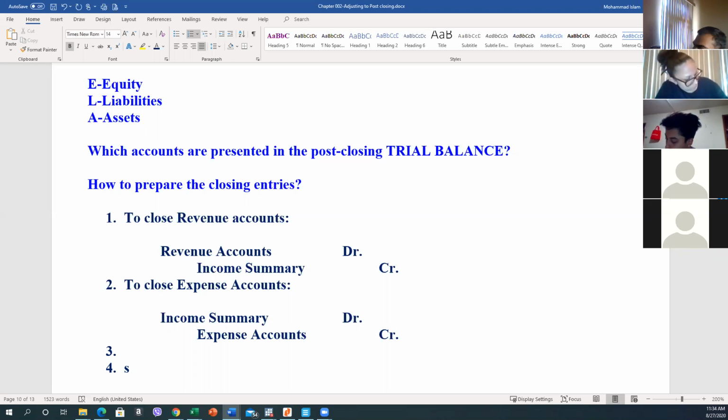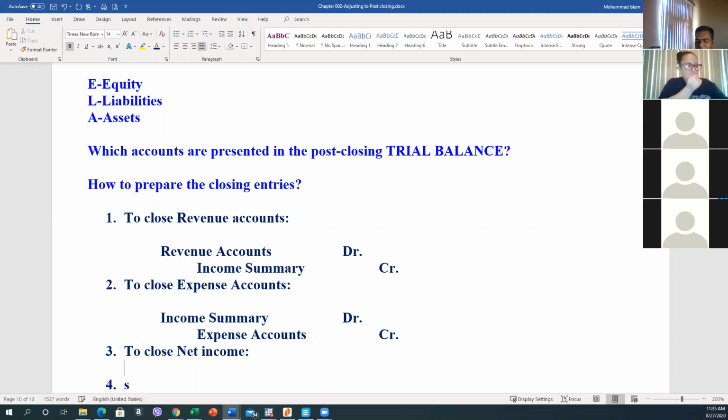Now, after preparing the income statement, we can have either net income or net loss, correct? So first one, to close net income. If we have net income, how should we close that?